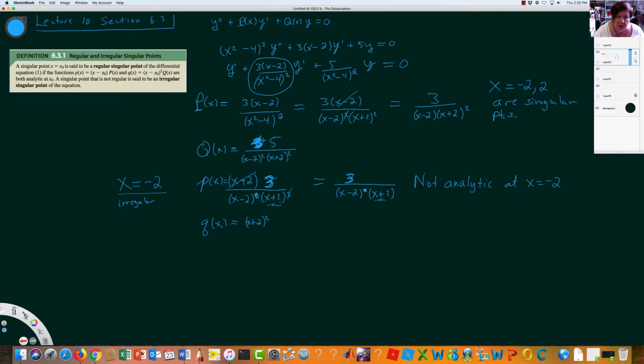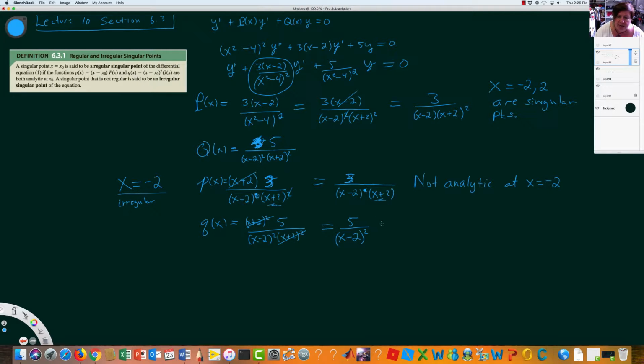All right, so little q of x, we have to do the test where we go x plus 2 squared, and then we have 5 over x minus 2 squared, x plus 2 squared, and that whole thing cancels out. And notice that at x equal -2, this is 5 over x minus 2 squared. At x equal -2, this thing is perfectly fine.